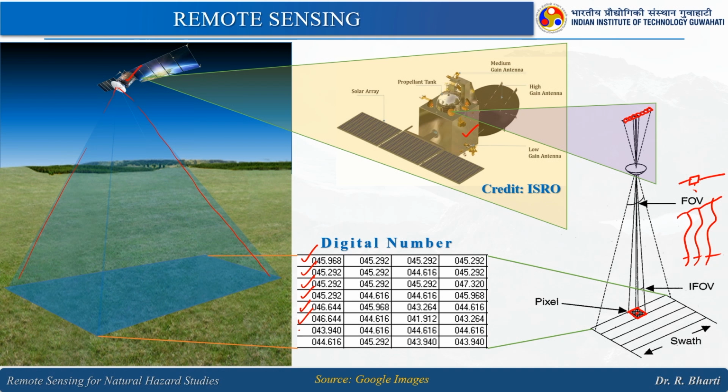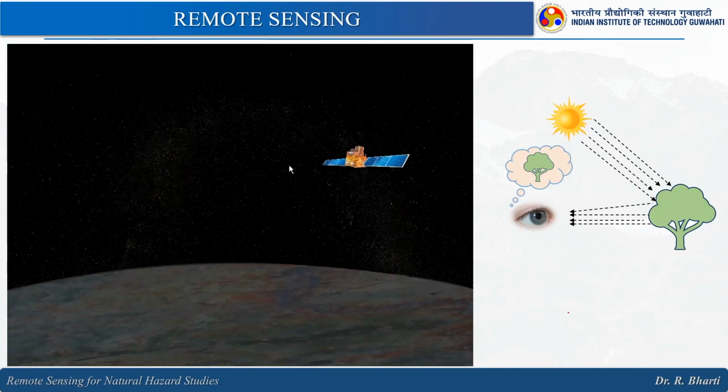Now in remote sensing, we are more bothered about these values, how precisely or accurately we have captured this information, which is representing the properties of the target, right. Here you can see how we can perform remote sensing from space.